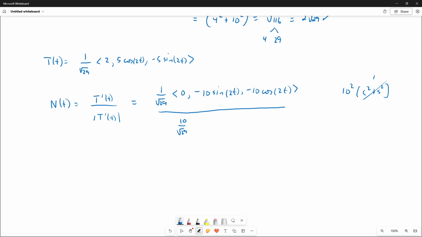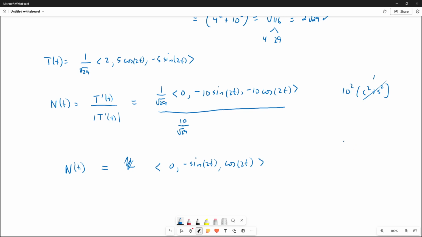So this is 10 over the square root of 29. The square root of 29's cancel, and we get 1 over 10, and we can factor out a 10. So that cancels, and we just get ⟨0, negative sine of 2t, negative cosine of 2t⟩. So this is our normal vector here.